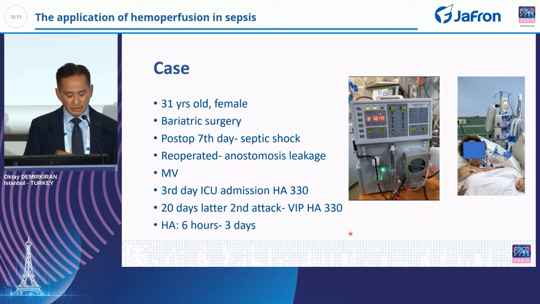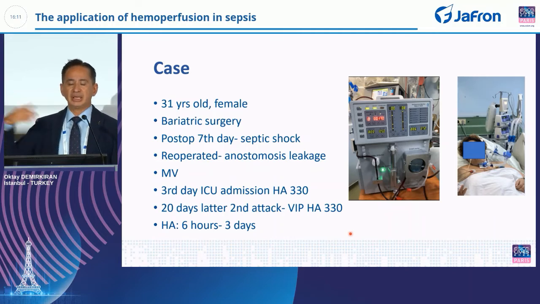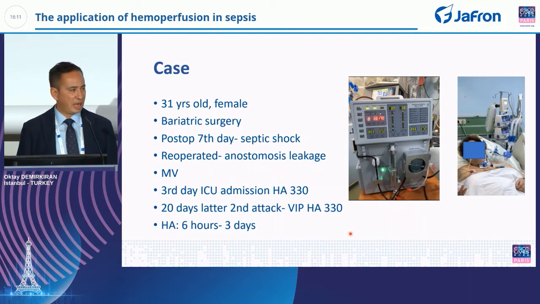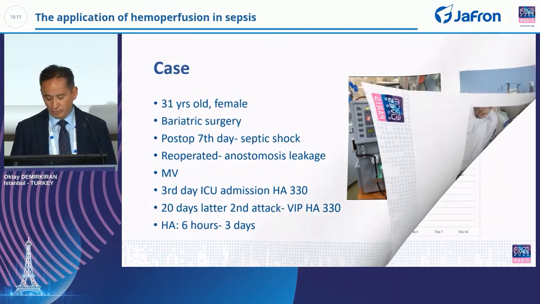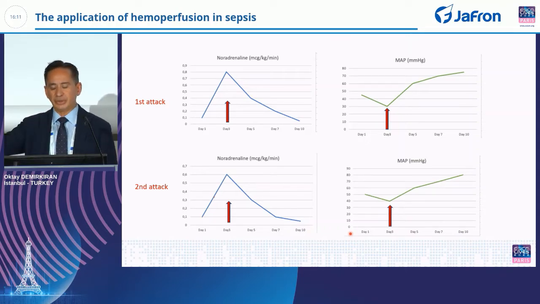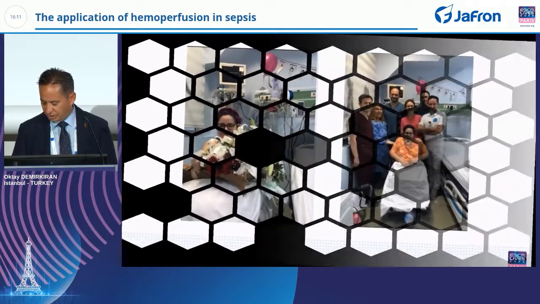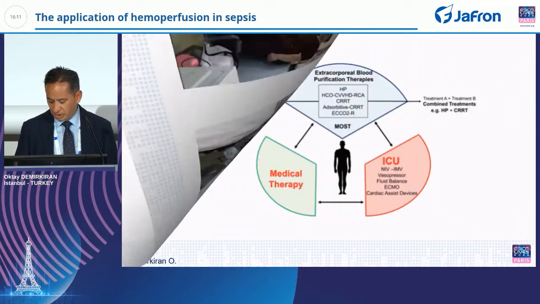On the 3rd day of ICU admission, we used HA330, and she became well, but 20 days later, due to pneumonia, she had another septic shock attack, and we used hemoperfusion again, and we had the same results: a decrease in noradrenaline use and an increase in blood pressure. In the end we are very happy because she is well and was discharged from the ICU.